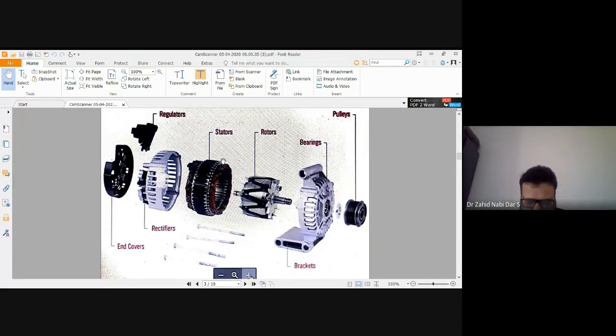This is the stator. Basically, on top of the rotor, we implement an external DC supply, and that DC supply magnetizes the rotor also.